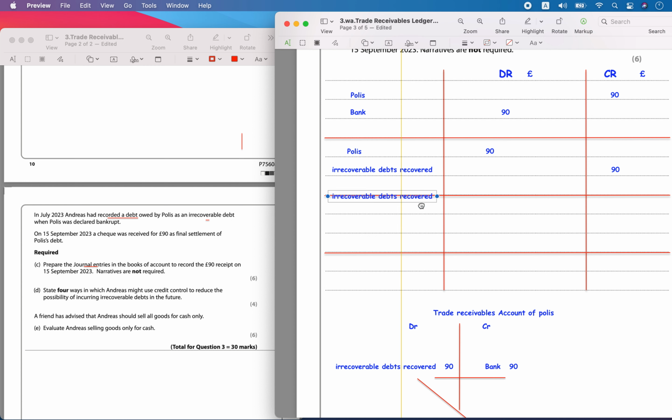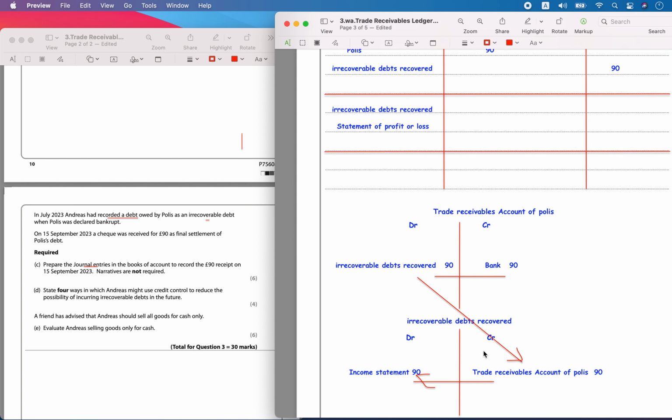Then irrecoverable debt recovered account and income statement. There it is going to the income statement, the statement of profit or loss.